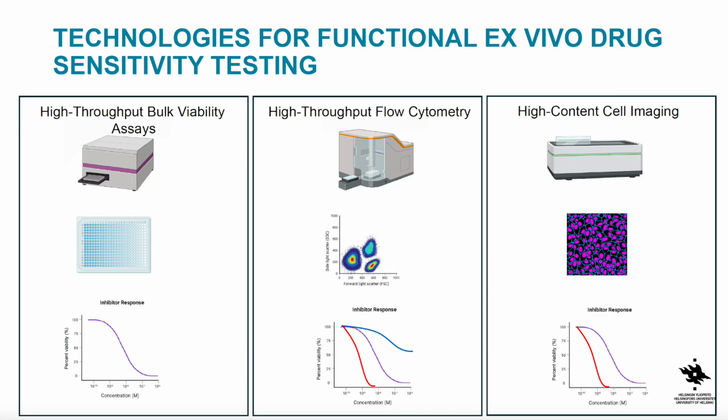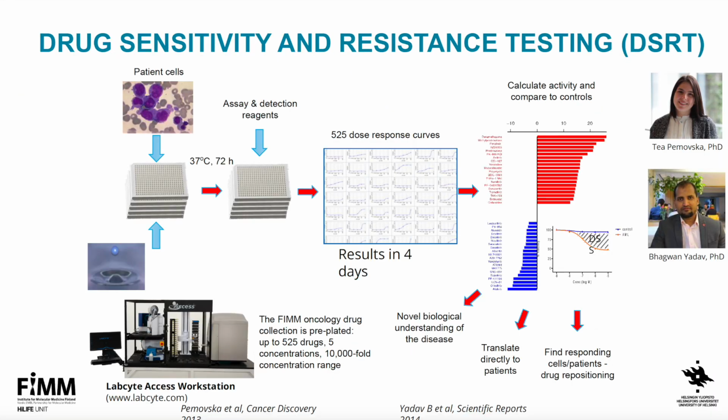And at the same time, we could also use high content imaging. This was particularly useful for cancers that were not necessarily blood cancers, but for groups that were looking at solid tumors. For example, we can't do as much multiplexing with this platform, but certainly can look at different cell populations within a mixed culture.